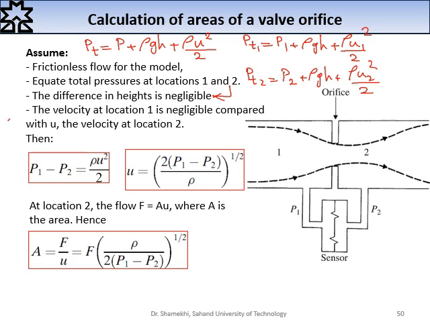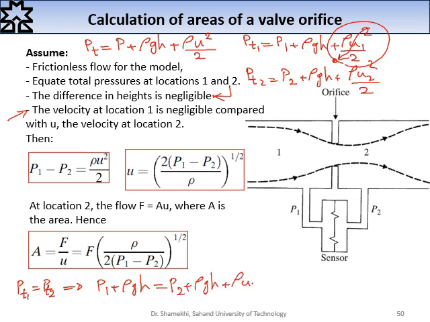Based on this assumption, we can remove this part, and we assume that the total pressure at location 1 and 2 is the same. Therefore, PT1 equals PT2. Therefore, P1 plus rho g h, we remove this part, equals P2 plus rho g h plus rho U2 squared divided by 2.